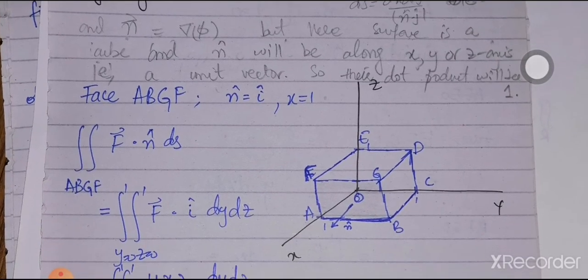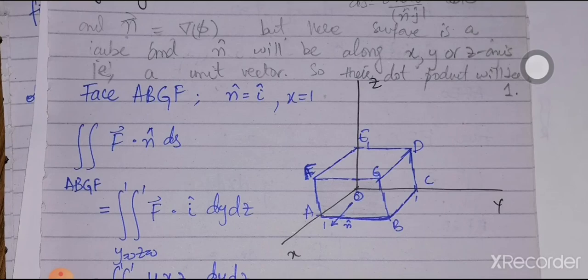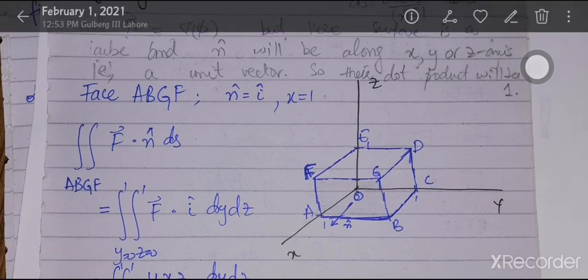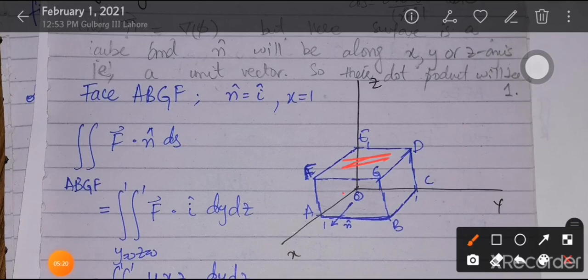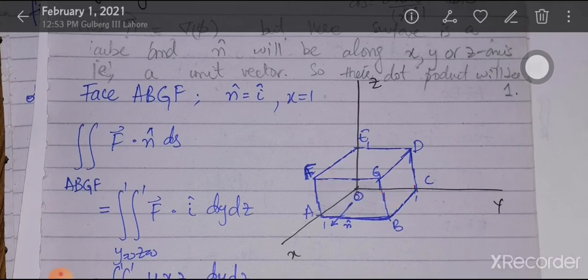Here we have a cube varying from 0 to 1, and we have a total of 6 surfaces: 1, 2, 3, 4, 5 and 6. We will evaluate these term by term and then it will be clear to you.